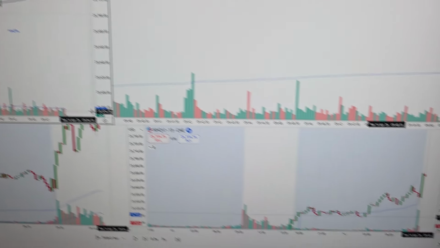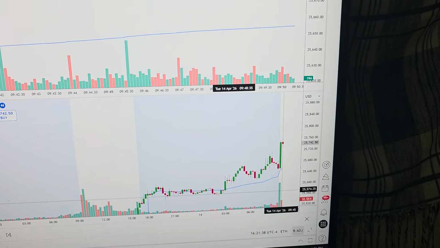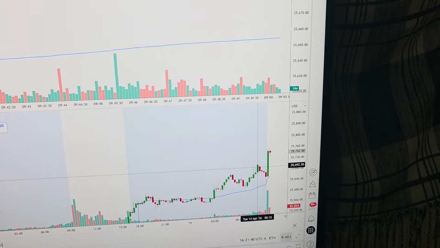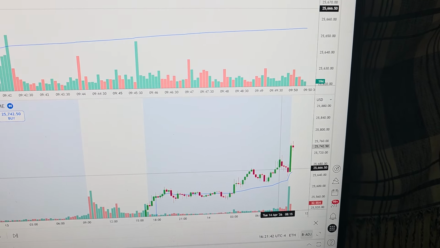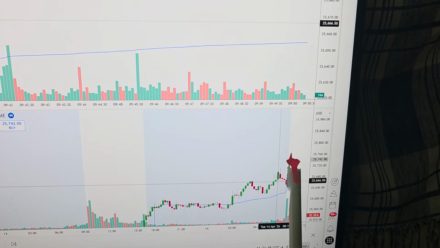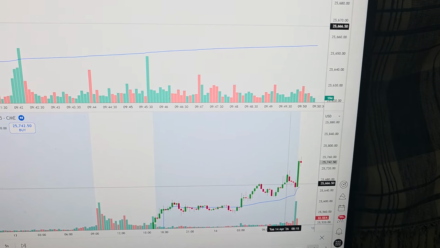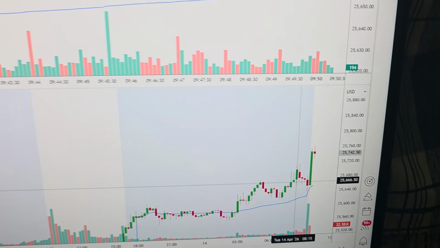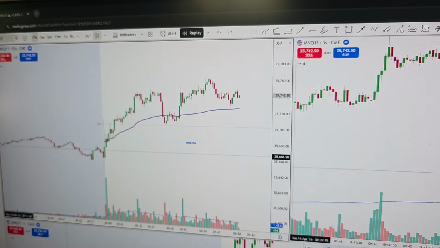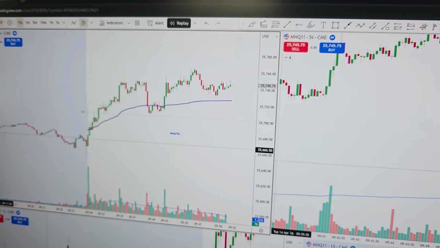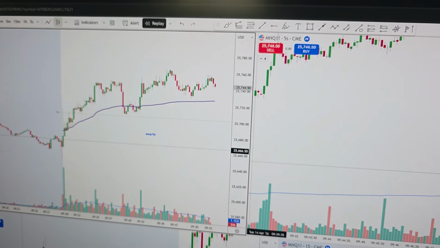At the same time, we want to keep an eye on what the 15-minute looks like, just so that we get a visual memory of how these things look in real time, or would have looked in real time. Okay, we need a pullback.